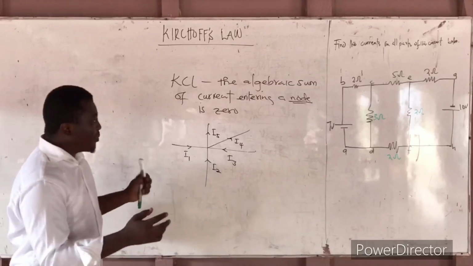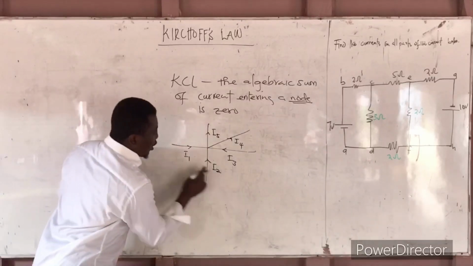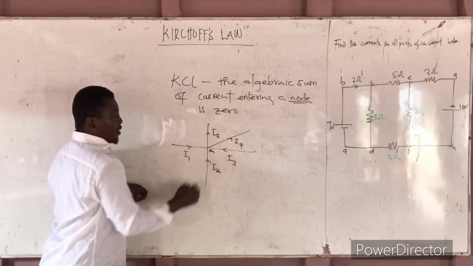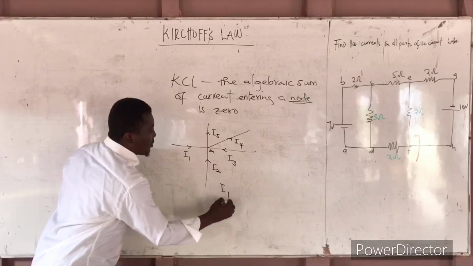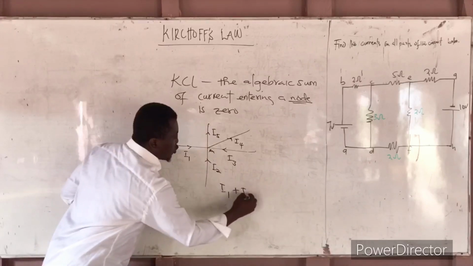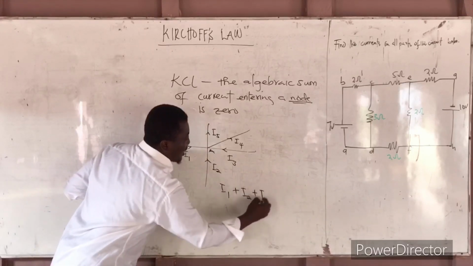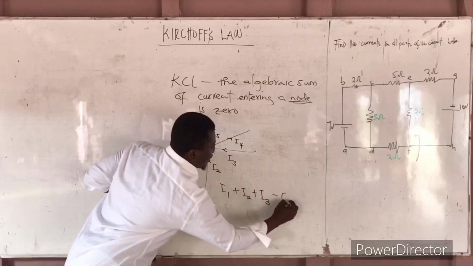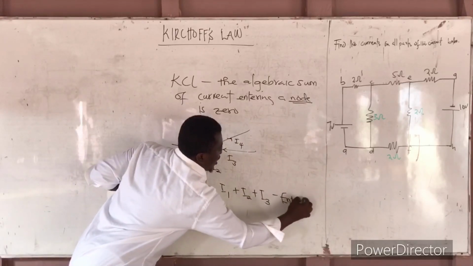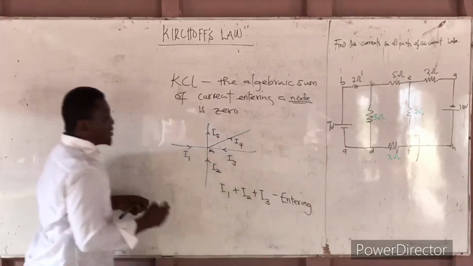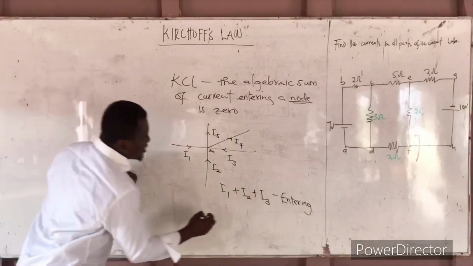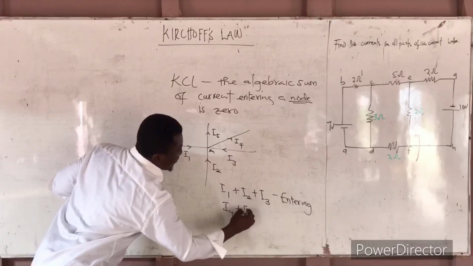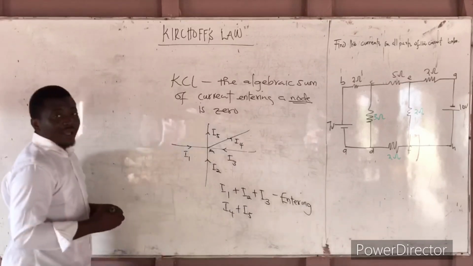Let's pick all those currents entering this node A: I1 plus I2 plus I3 are the ones entering. Then the ones leaving are I4 and I5.